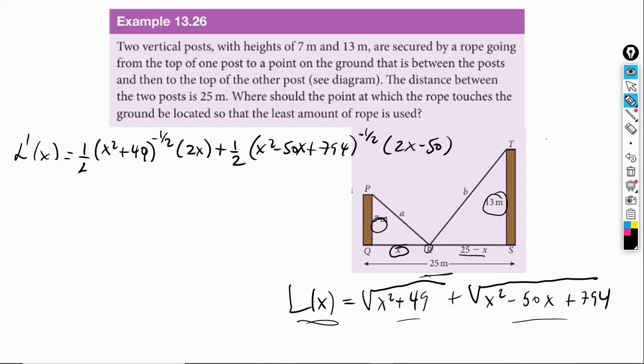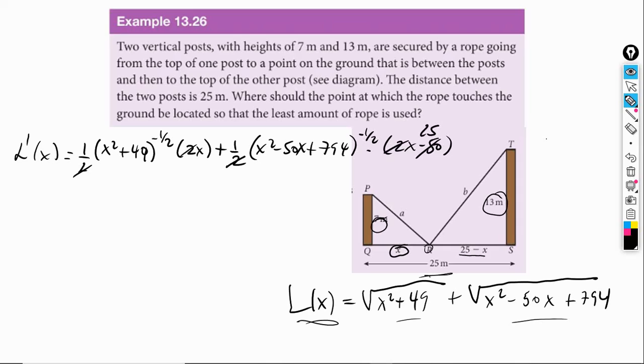Okay, then we can fix this up a little bit. Notice that we can simplify a few things. We can cancel out this divided by 2 with the 2 that is multiplying here. So I can simplify this by making this x minus 25 and getting rid of that bottom 2.